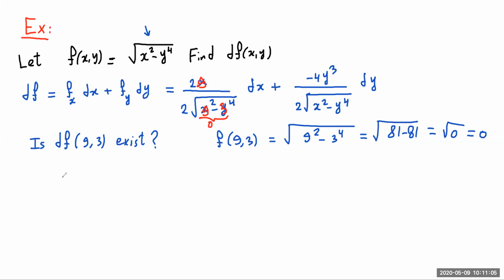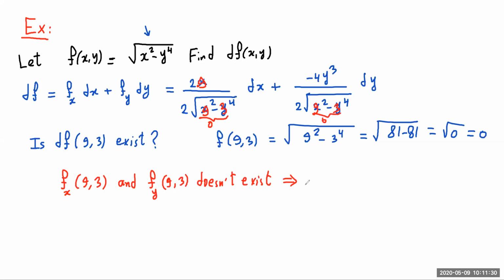Okay. So the partial derivative of f with respect to x at (9,3), and also the partial derivative of f with respect to y, are not defined, because if I put (9,3) here, it will be 0 in the denominator. Because this at (9,3) doesn't exist, the differential of f at (9,3) also doesn't exist.